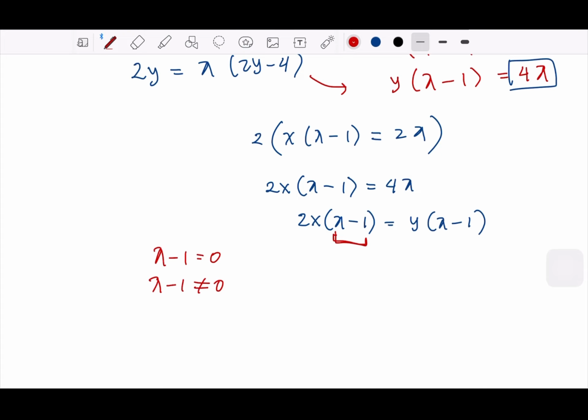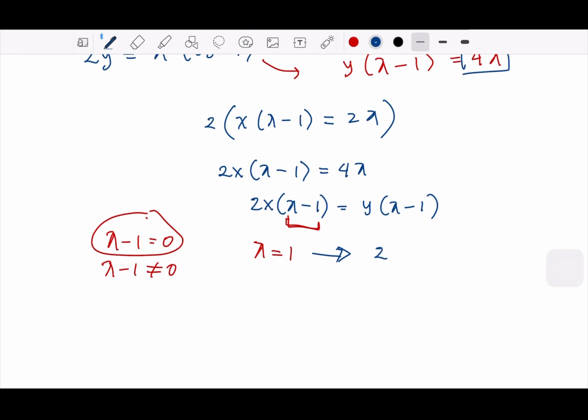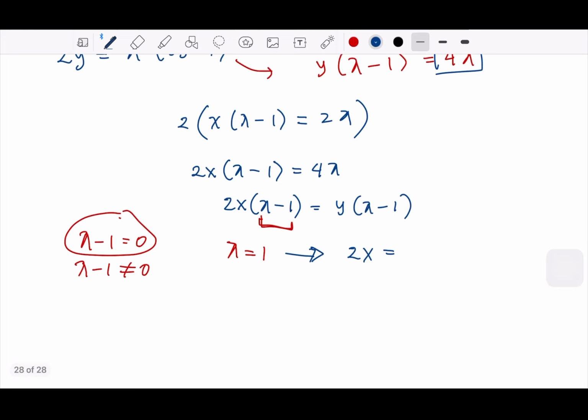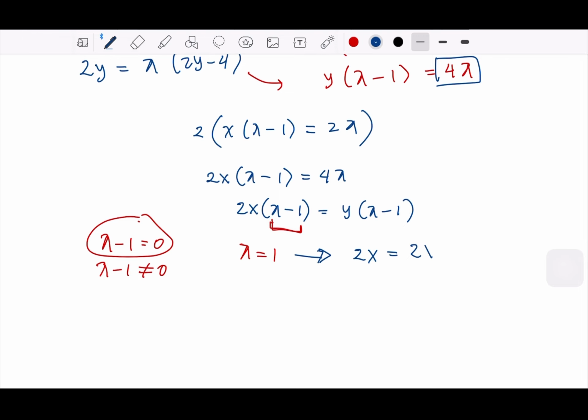So what's happening if we have lambda equal 1, which means that we have a 0 in lambda minus 1? Then 2x should be equal to 2x minus 2.